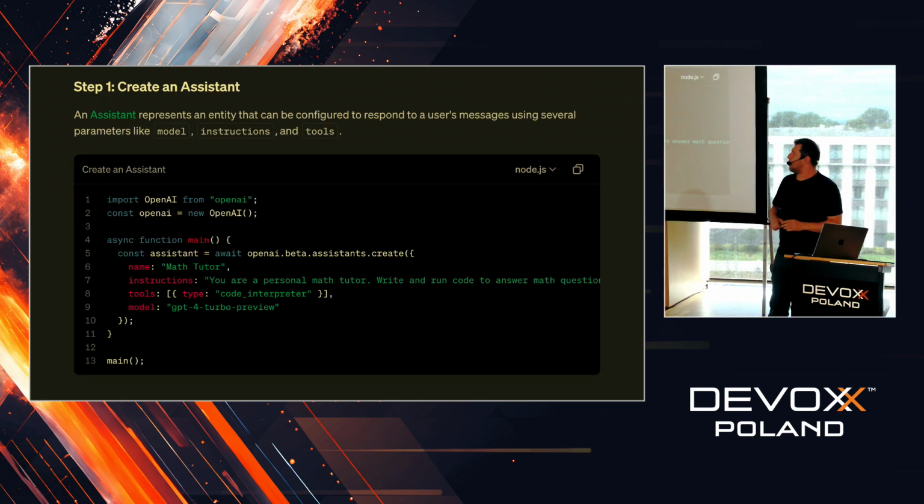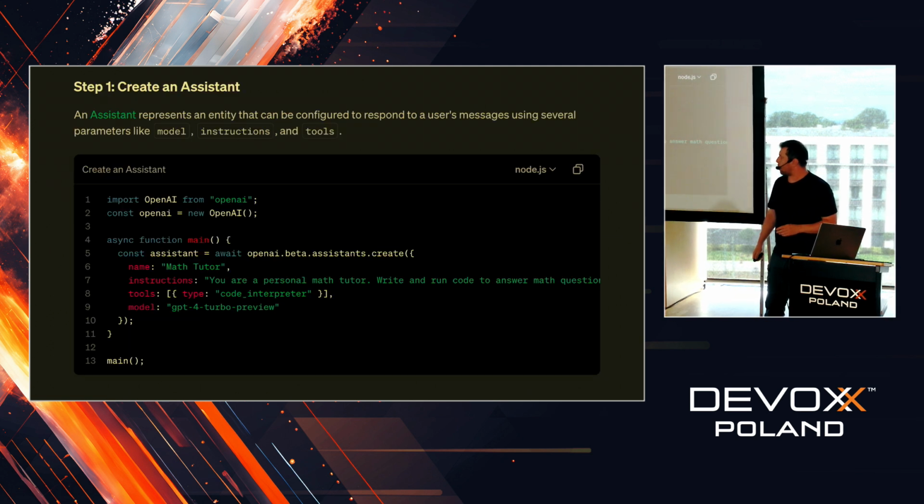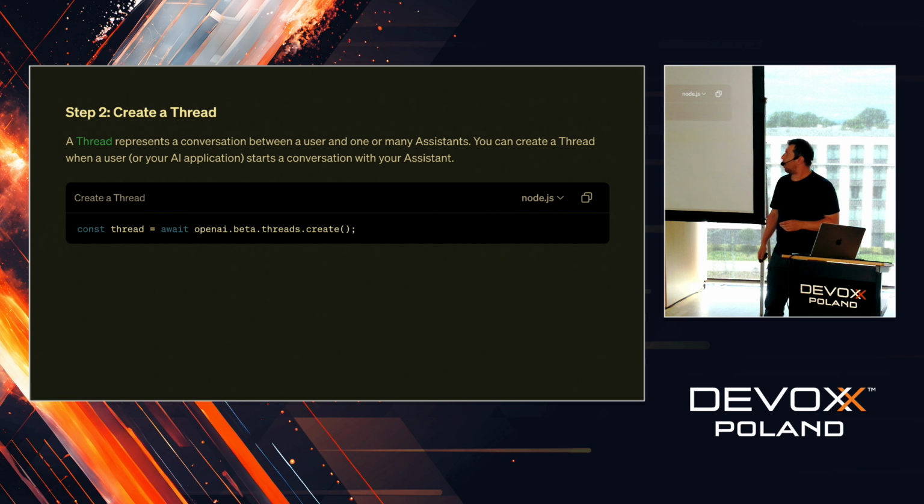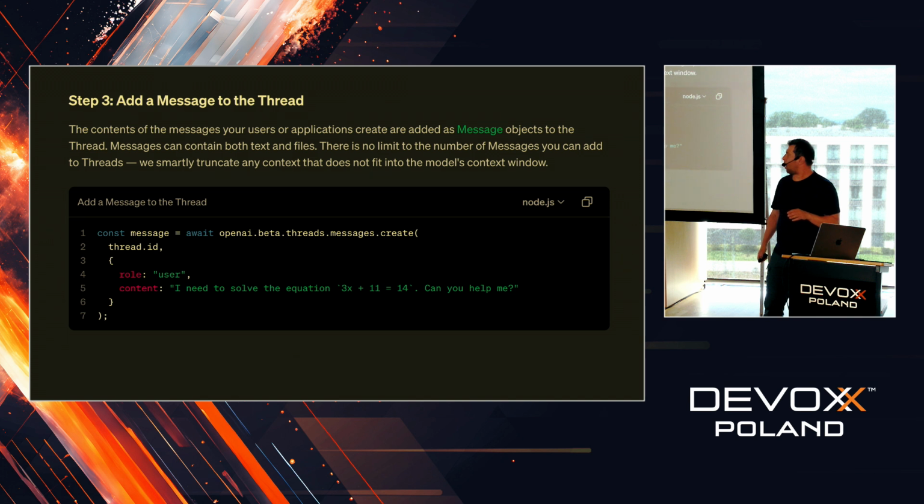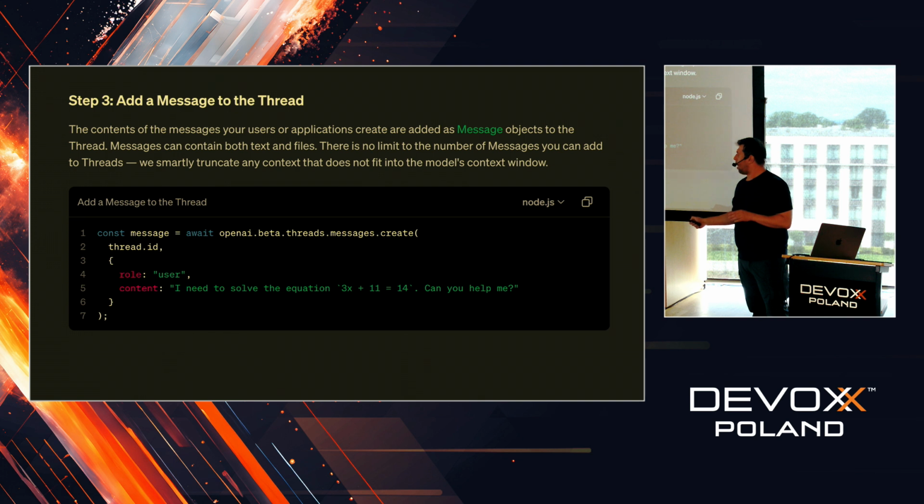So, step number 1 is quite easy. We need to create this assistant using code, or just use the interface from OpenAI. Second, we need to create a thread. Also quite easy. To this thread, we need to add messages. So we need the thread ID, and specify the role and content of our input.